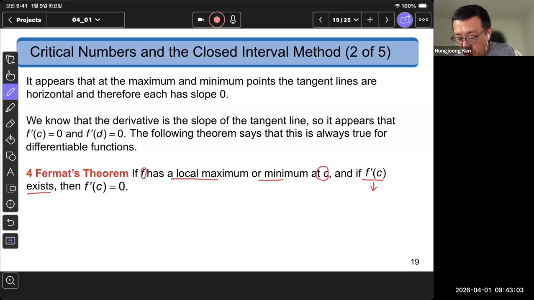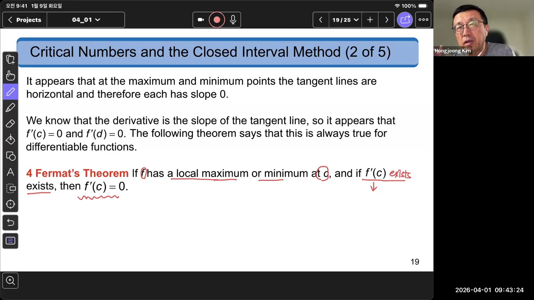Okay, so if you have a local maximum or minimum at a certain point, and if you can find the tangent line, f prime of C will be 0.